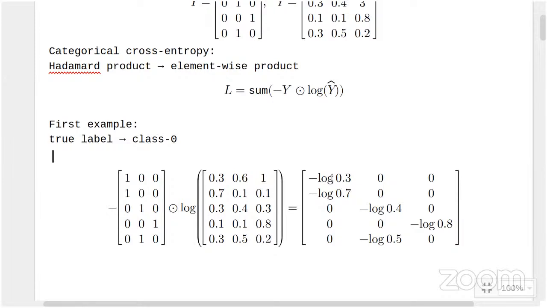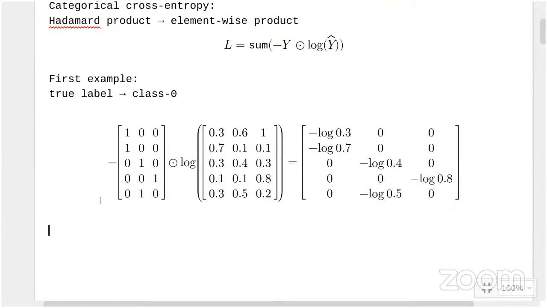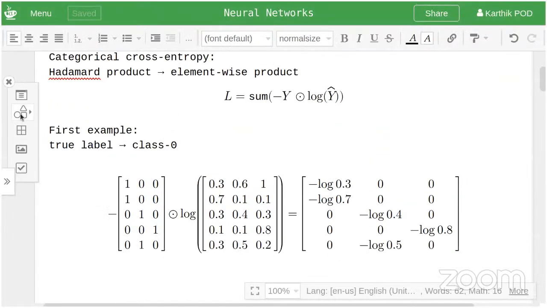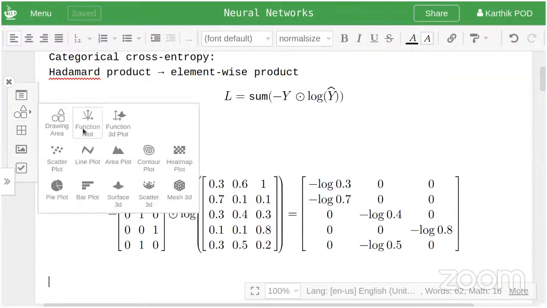So basically, the log of a smaller number, when it is less than 1, is more negative. Sorry, one second, I kind of messed up this part.